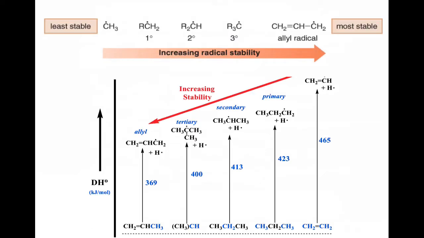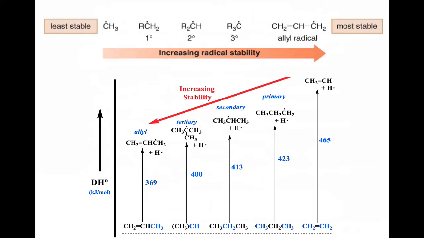We know our radical stability order, we learned this last semester, right? Tertiary is more stable than secondary, more stable than primary, more stable than methyl. But notice allylic radical. It's more stable than all of those. And why is that? Why is this more stable? Resonance.